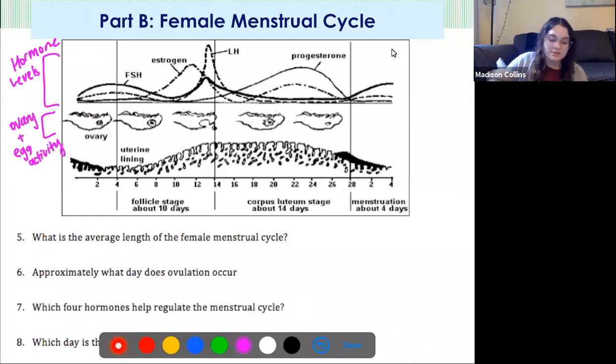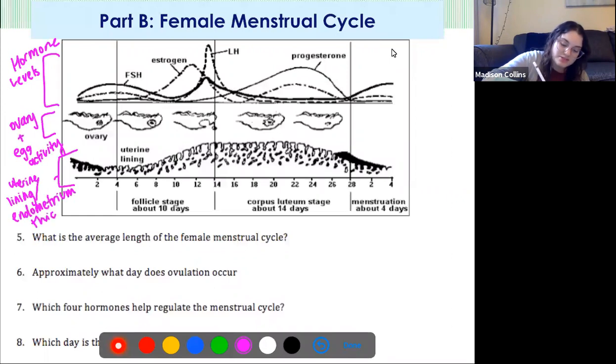This third part of the graph, we are looking at the uterine lining or the endometrium thickness. Remember, the endometrium is just another word for that lining of the uterus.